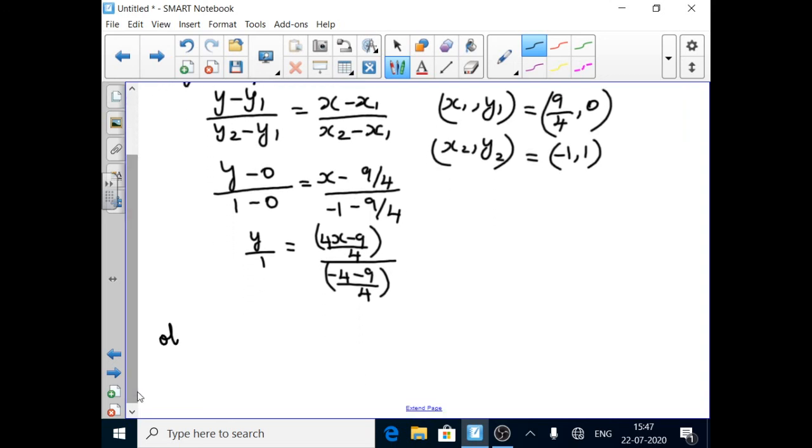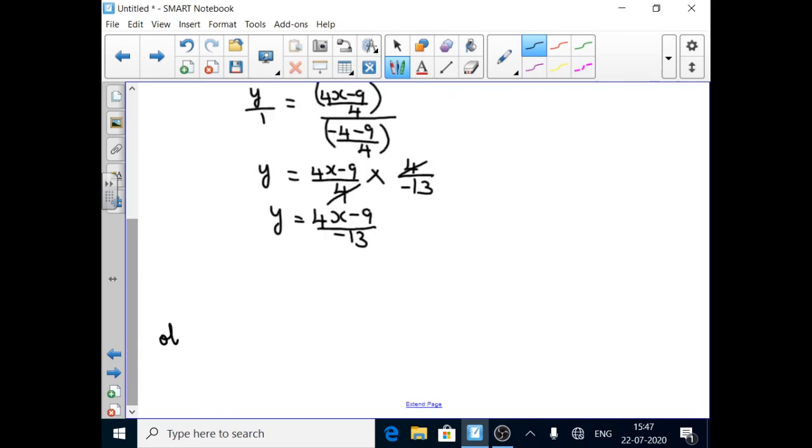Writing it all out takes many steps. So y is equal to 4x minus 9 by 4 in the numerator, and the denominator is minus 4 minus 9 by 4, that is minus 13 by 4. Take the reciprocal, 4 by minus 13. The 4 gets cancelled, you get the answer as 4x minus 9 by minus 13. Cross multiply: minus 13y is equal to 4x minus 9.